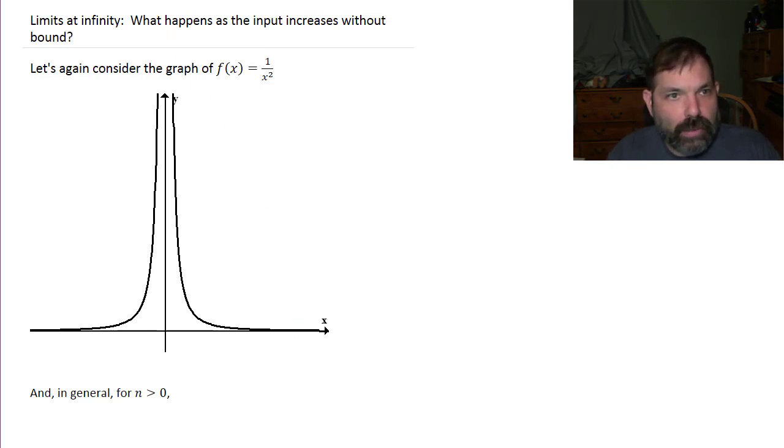And so I'm going to think about two limits. What is the limit as x approaches infinity of the function? And what is the limit as x approaches negative infinity of the function?